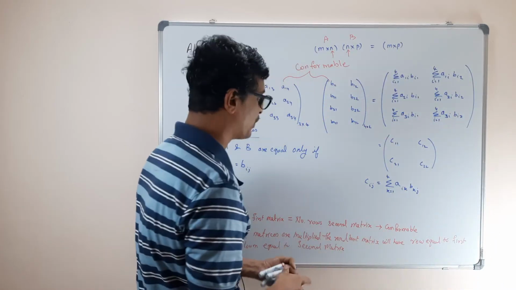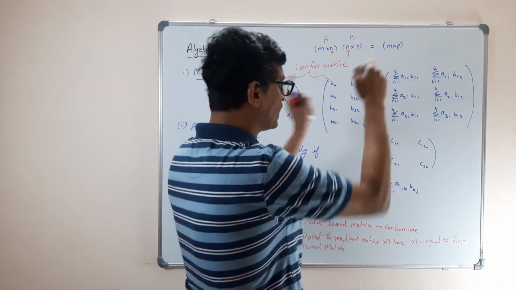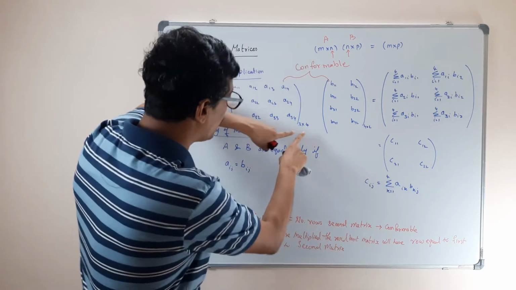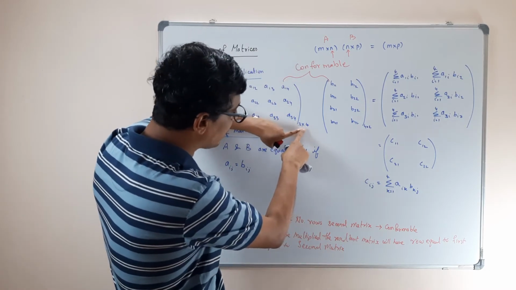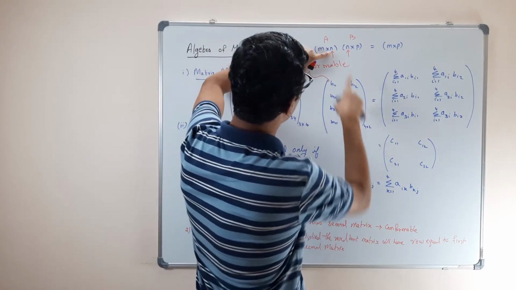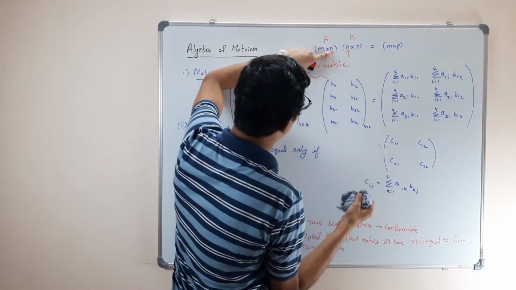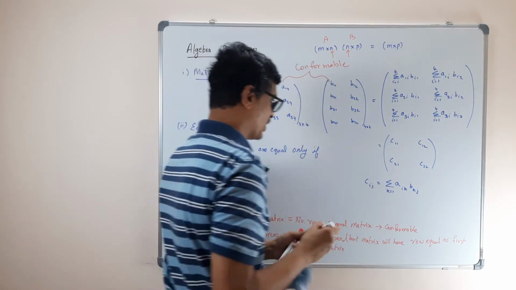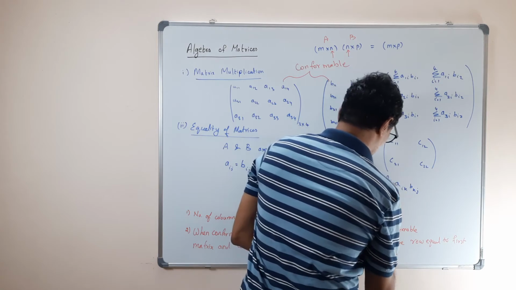I wrote 4 for this matrix. In general, see why 4 is coming: because 3 cross 4 into 4 cross 2. If you have m cross n and n cross p, then this 4 will simply become n. Correct? That's right. So in general, that's the rule.